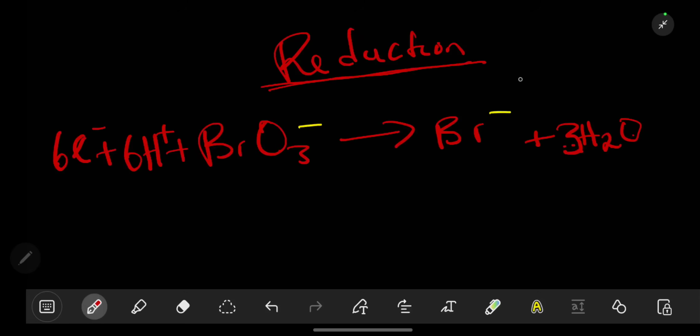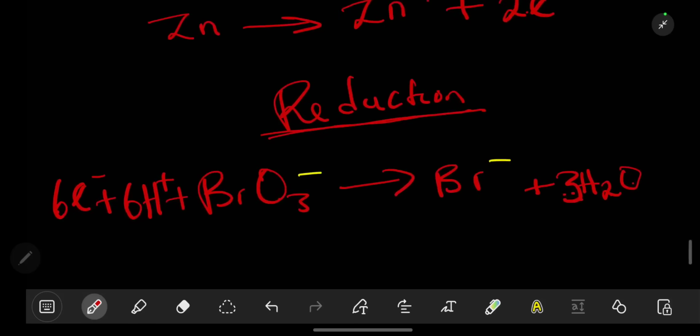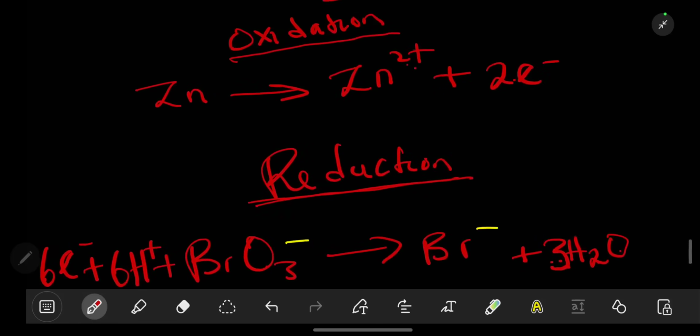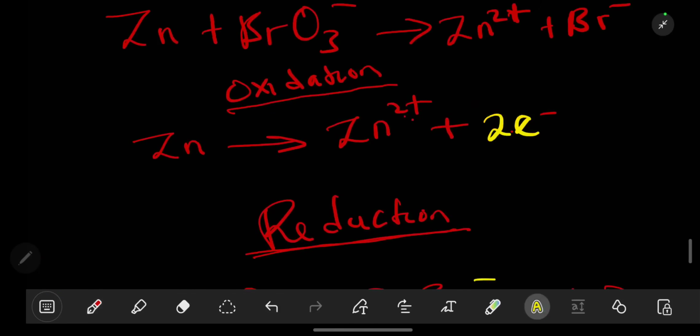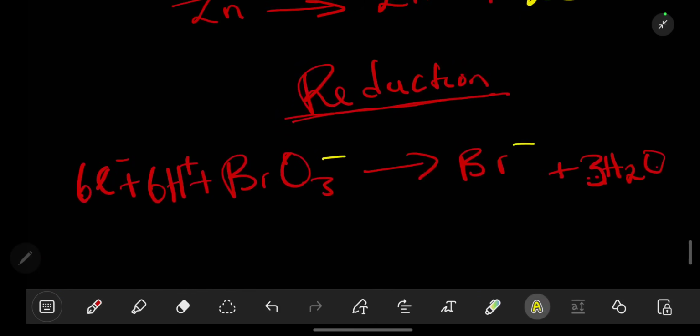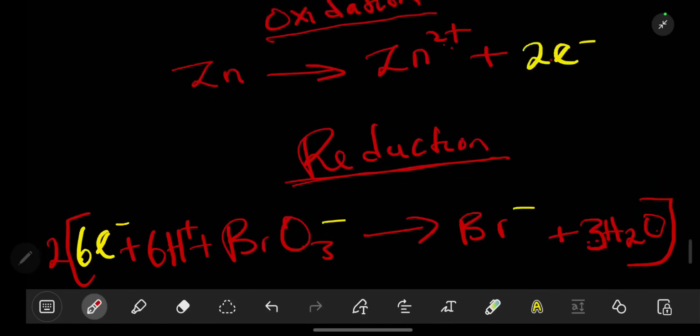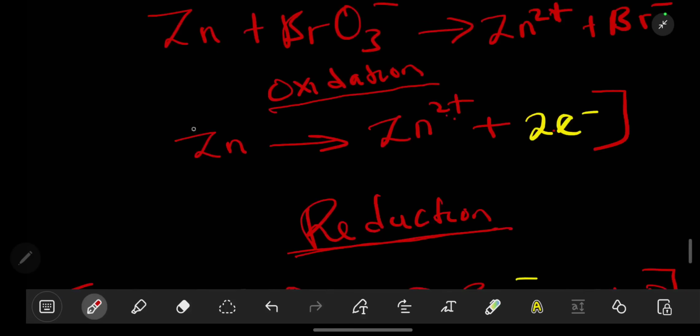So if that's what we have, we are now going to interchange. Let's get these 2 equations. Here there is a 2, so we are going to interchange the number of electrons. Here there is a 6, so we are just going to interchange them. So here we are going to have our 2 number of electrons, and here we are going to have our 6.